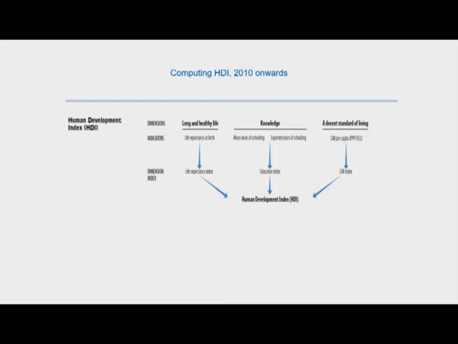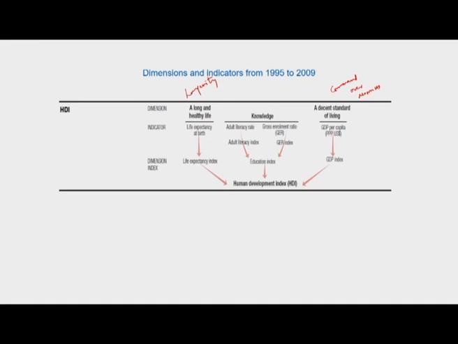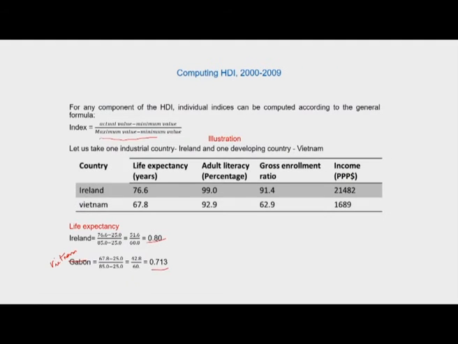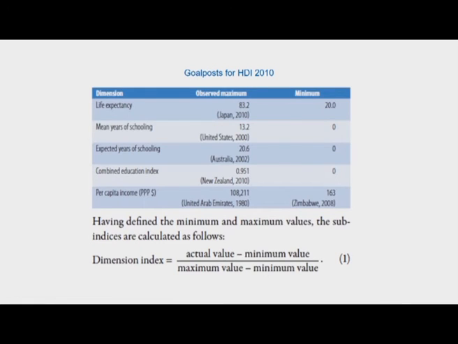So, if you remember in 2000, if you look at this dimension here, the decent standard of living indicator is represented by the GDP, which is a product based calculation of the gross domestic or national output, whereas in 2010 it changed to a GNI index, or a gross national income index, which was considered to be a more representative indicator.